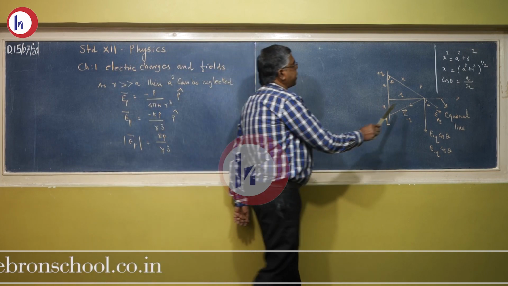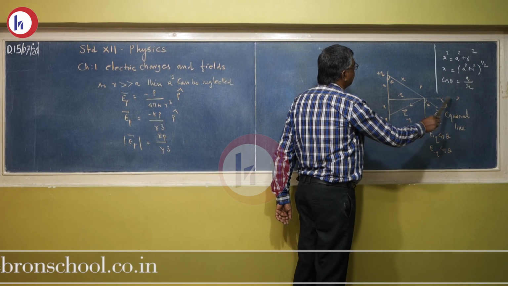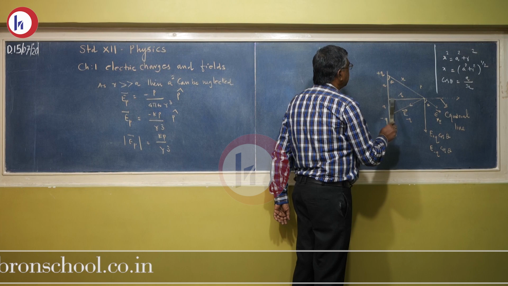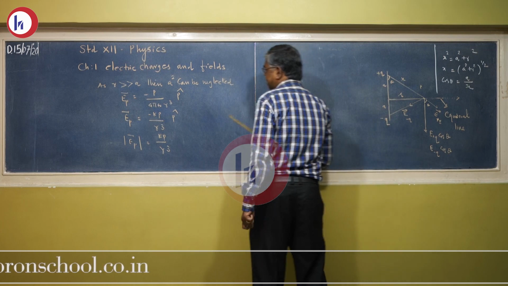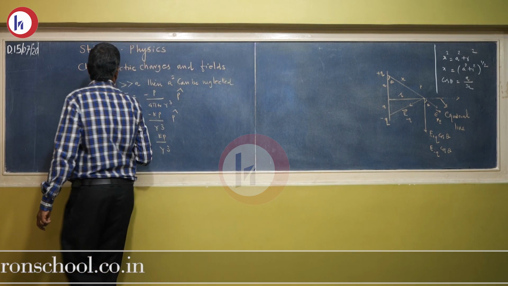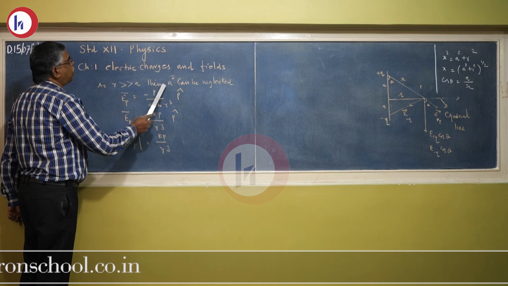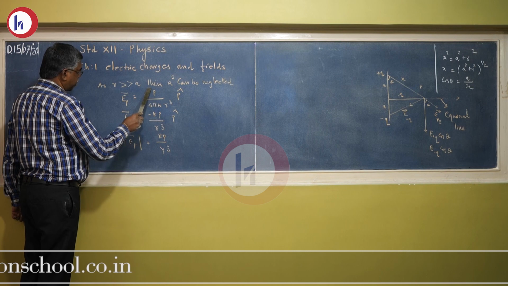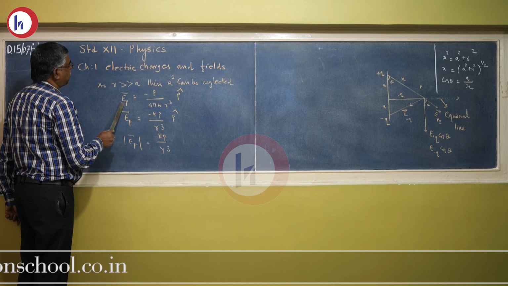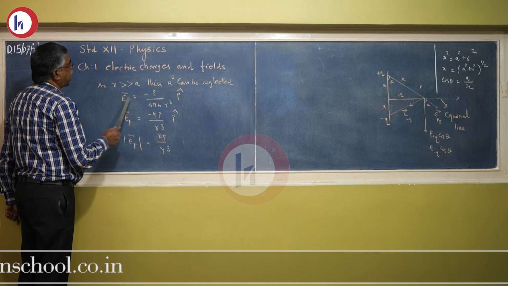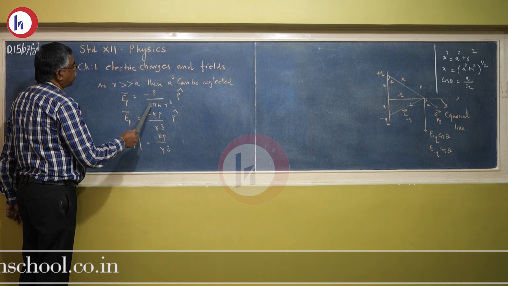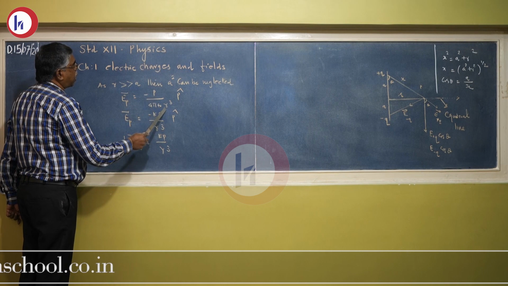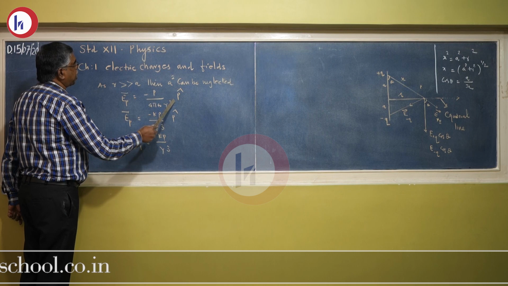If the point P is very far from the dipole, then we can take the condition as r is greater than a, and the term a square can be neglected from the above equations. Then we can write electric field at point P in vector form as minus p upon 4 pi epsilon 0 r raised to 3 and unit vector p.